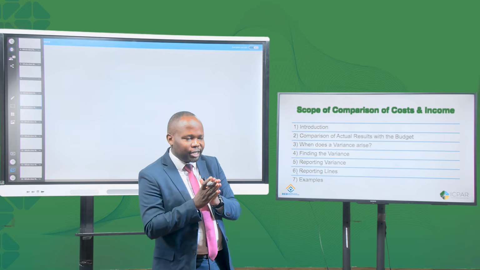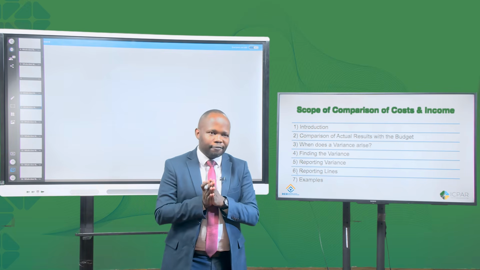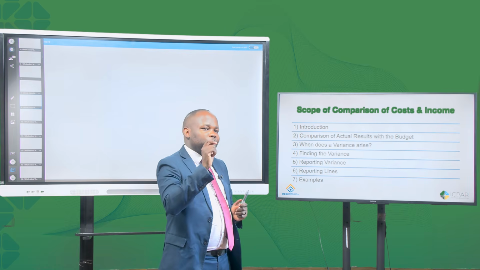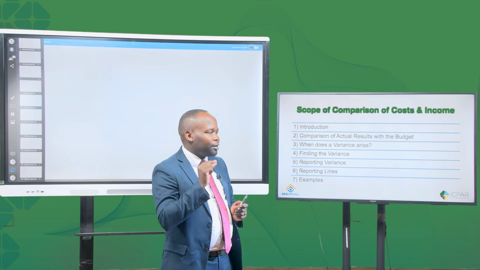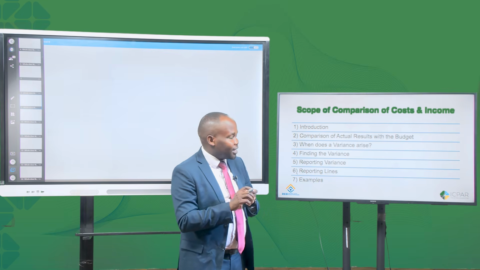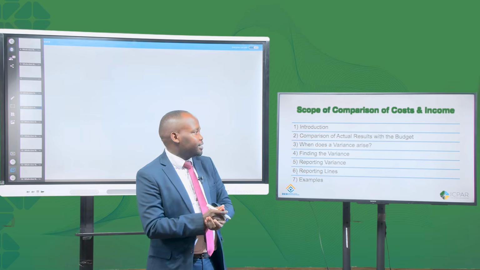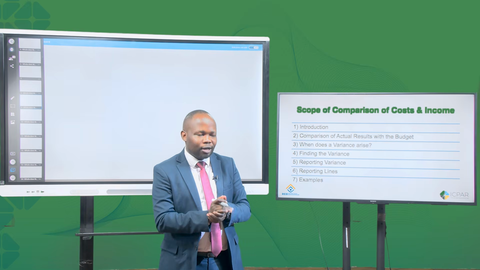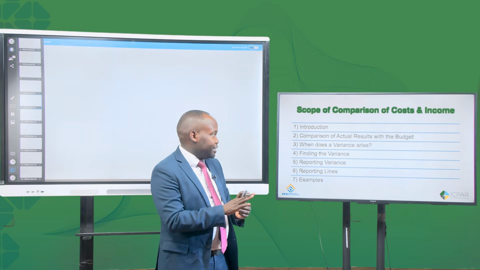In this unit, we are going to look at the following: introduction, which we have already said what we spend versus what we receive. Number 2, comparison of actual results with budgets. Number 3, when does a variance arise? We will explain what a variance is.